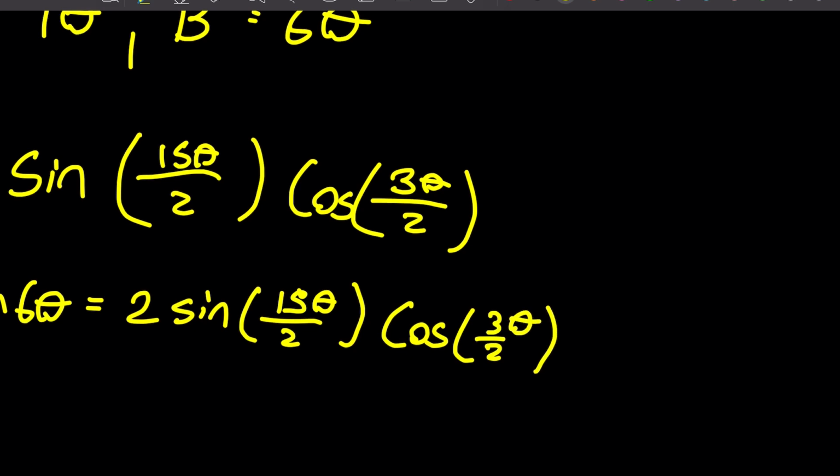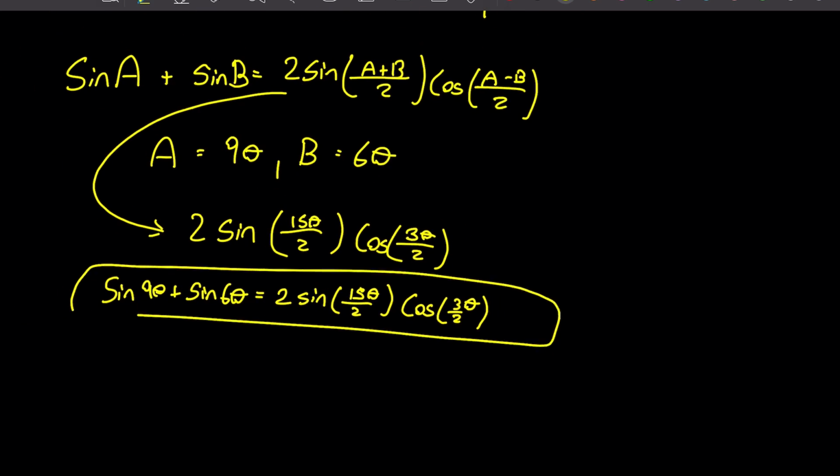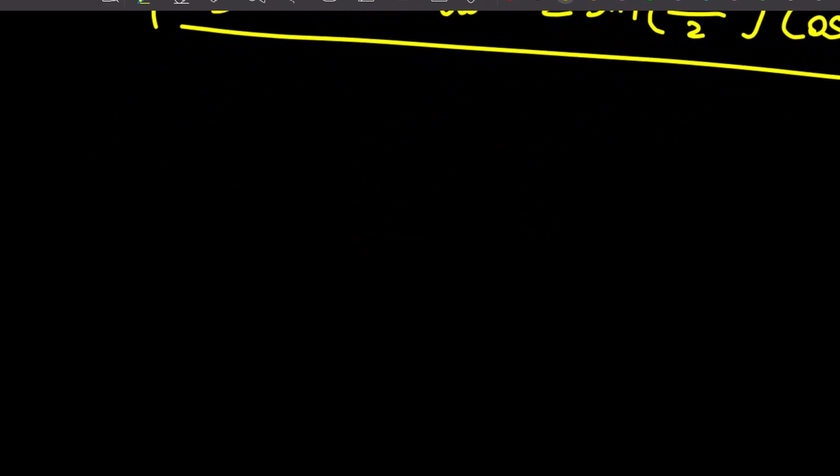And just like that, we have expressed this sum as a product of two terms. And that's great. So what if we try to do another one? And this will be the last one for the video because these are not that difficult and they come on the formula sheet. So yeah, that's always good.